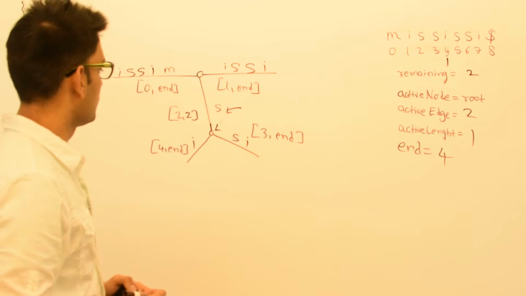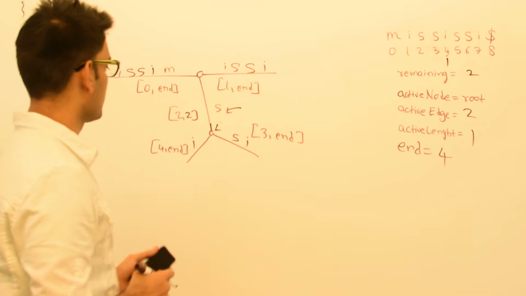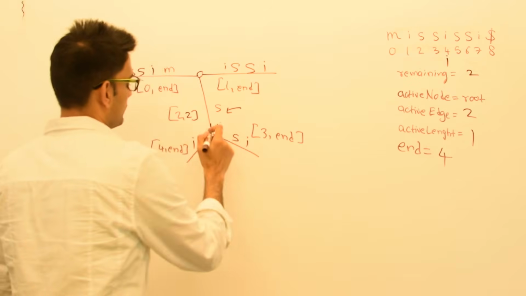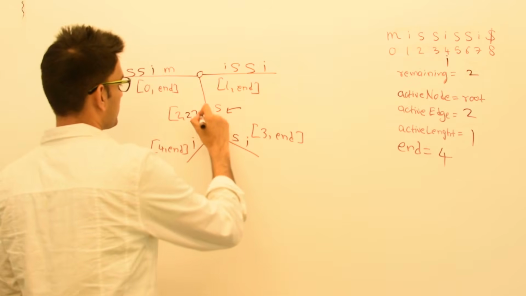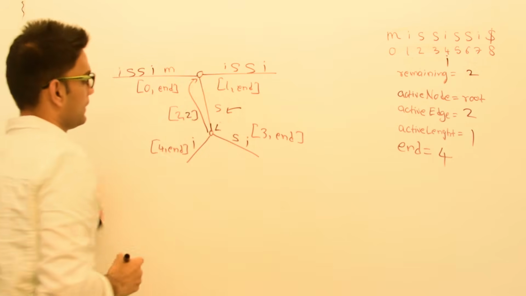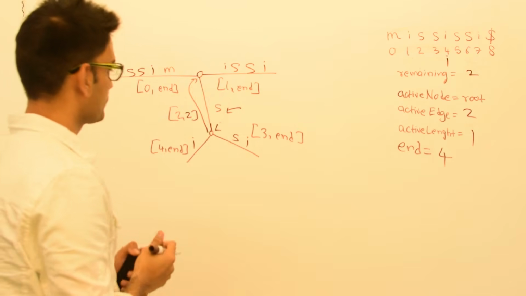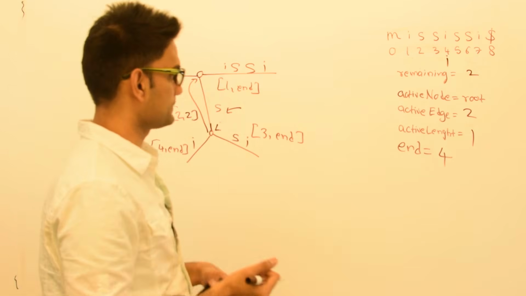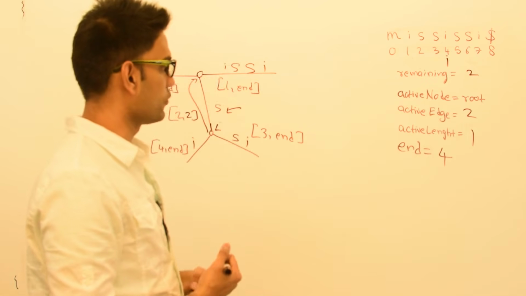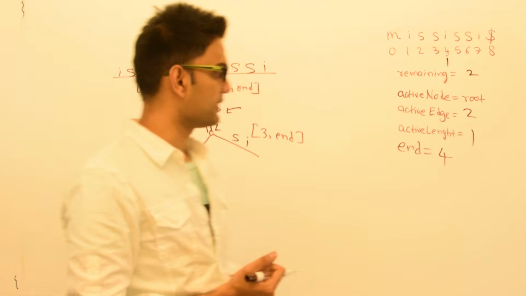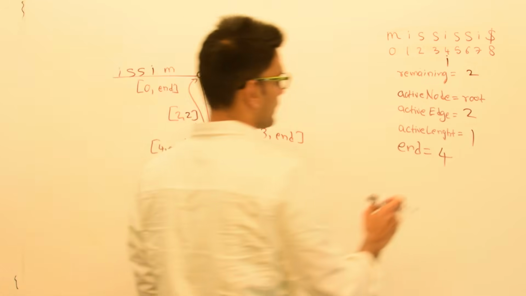So then we created this node. We know that every internal node has a suffix link, so first I'll update the suffix link to point to root, and then we apply our knowledge and see, since our active node is root, what we do is we just decrement our active length by 1. So active length becomes 0.